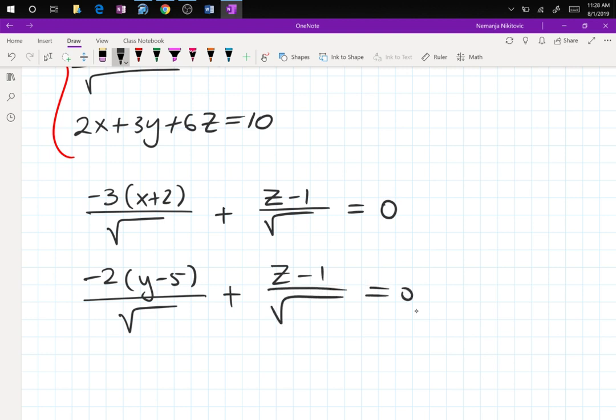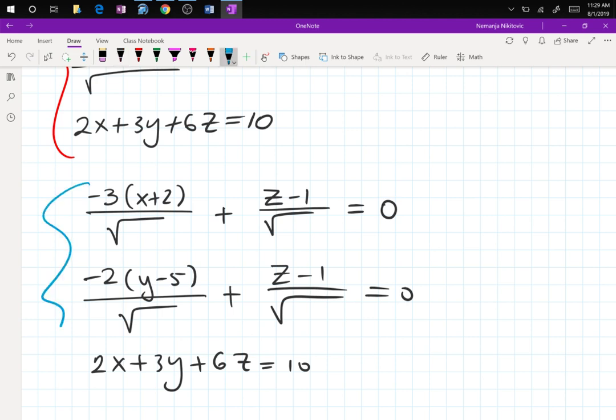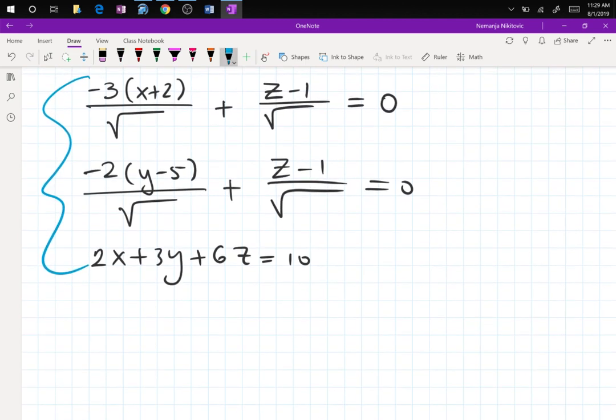And we still haven't used 2x plus 3y plus 6z equals 10. We'll get there eventually. So now this is my new system here, pretty much like a new problem. And what I can do now is, first we're going to move these negative terms to the right, and you see that the square roots cancel on both sides.